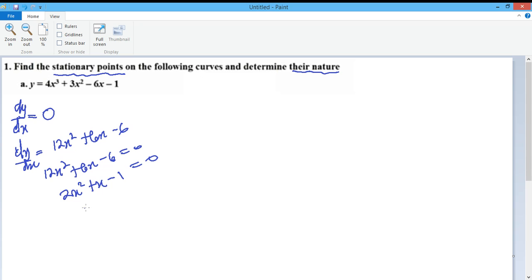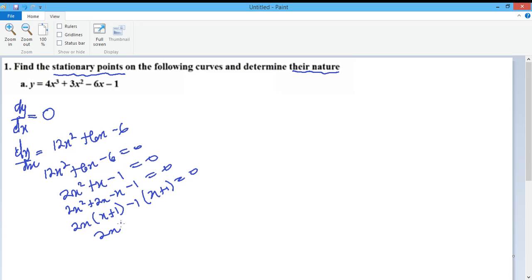Then we factorize this expression. I have 2x squared plus 2x minus x minus 1 is equal to 0. Factorize the first two: the common factor is 2x, giving 2x(x plus 1). Here we factorize negative 1 out, so minus 1 (x plus 1) is equal to 0.